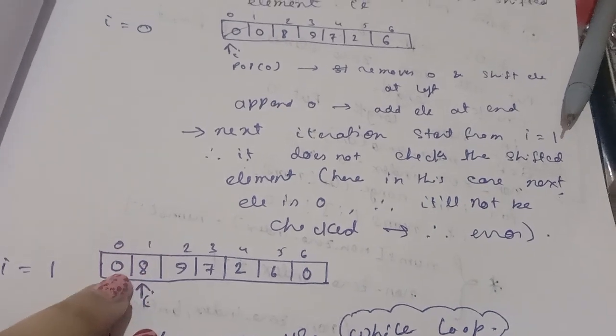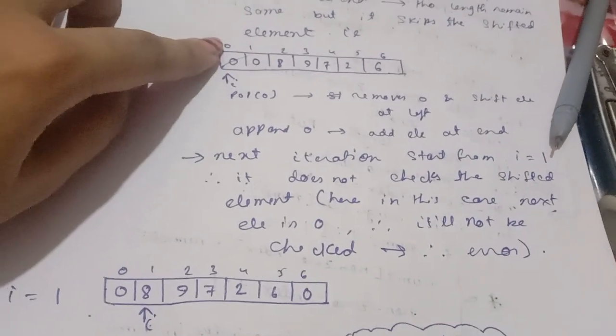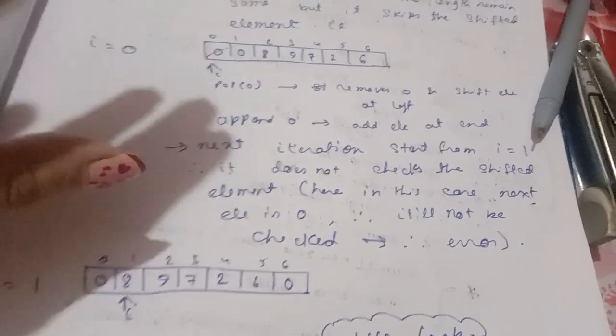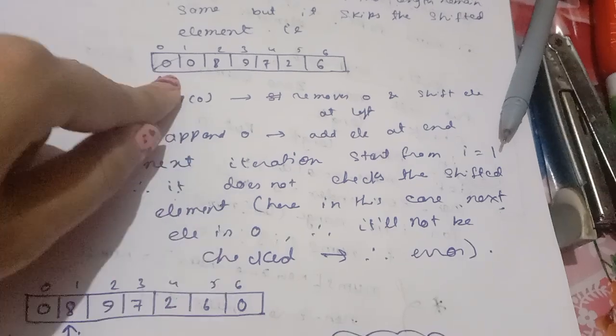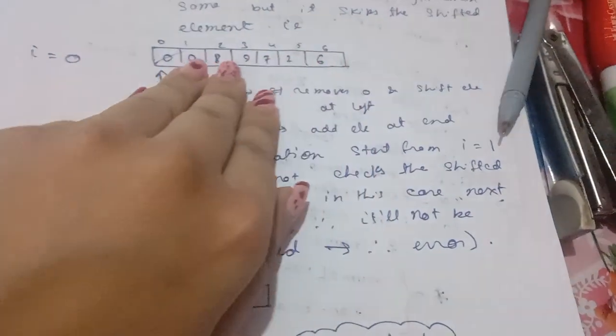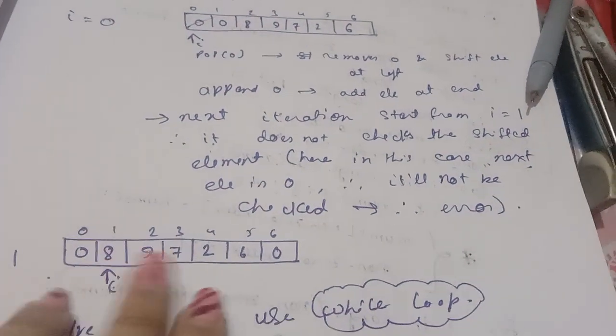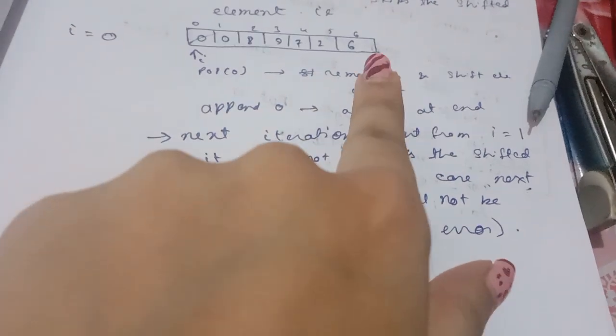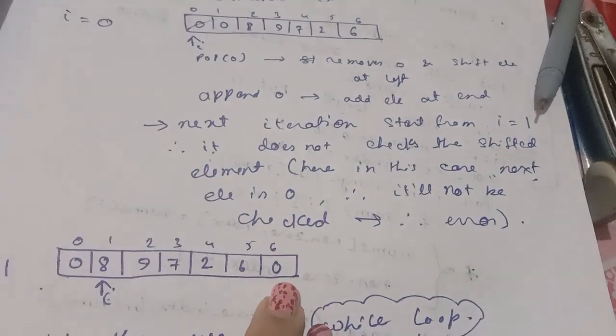But see, the element that just got shifted, because this 0 got popped, and after popping all the elements got shifted. These are all the shifted elements, don't look at this now, and then this 0 got appended at the end. So the 0 is at the end.